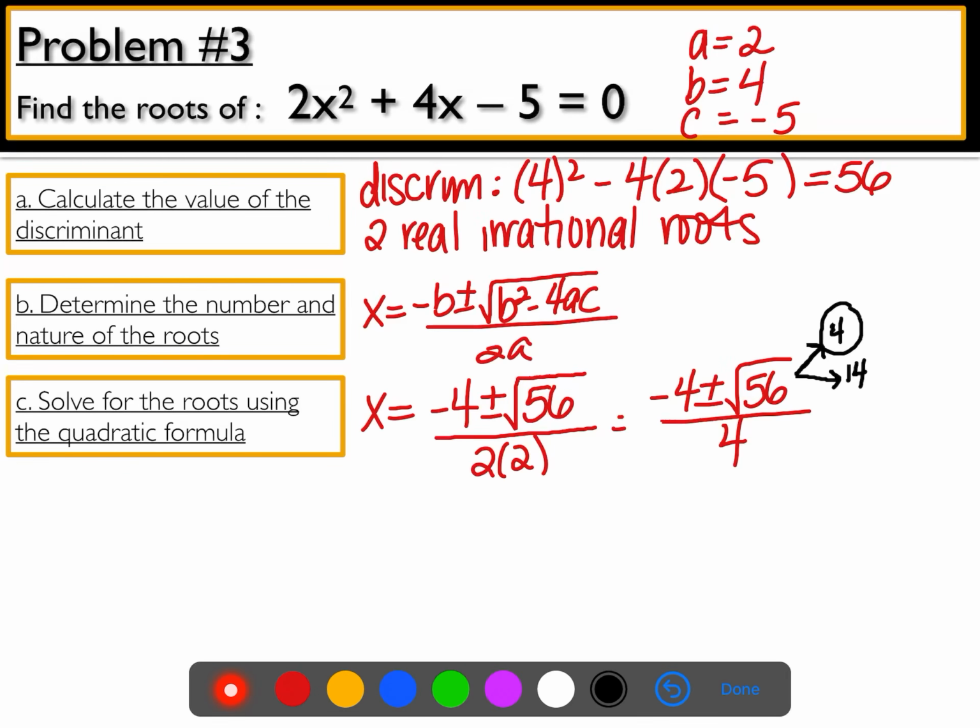Okay, so I can take the square root of 4. I know what that equals, so I can take that out of the square root. That becomes 2 on the outside, that 14 on the inside. Okay, because I don't know the square root of 14, so I'm leaving it so that I don't have this great big ugly decimal.